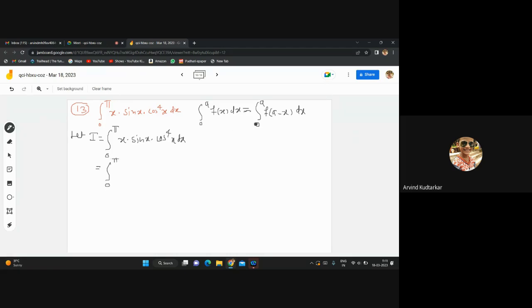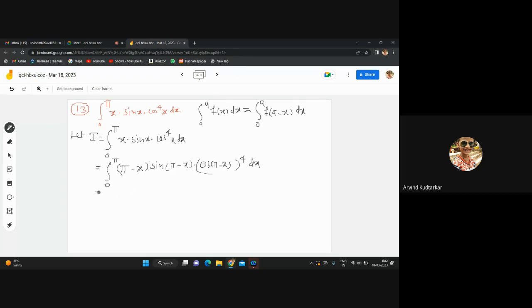If you apply this result, the upper limit is pi, so that is (pi minus x) into sin of (pi minus x) into cos to the power 4 of (pi minus x) dx.